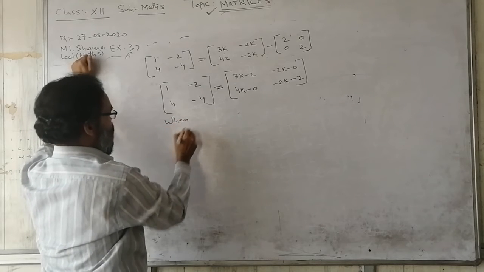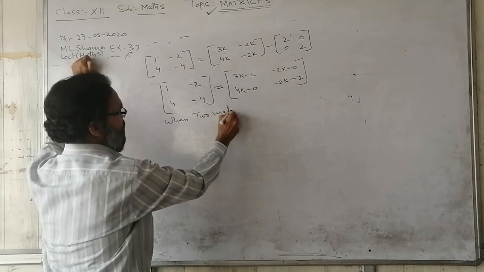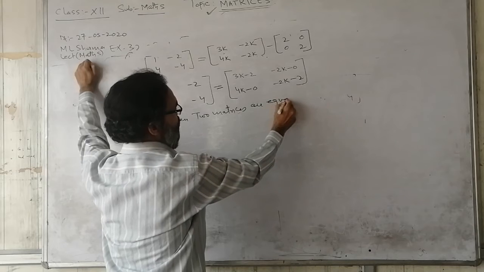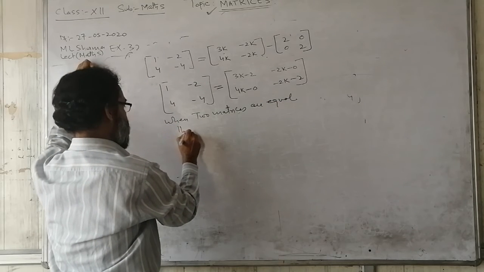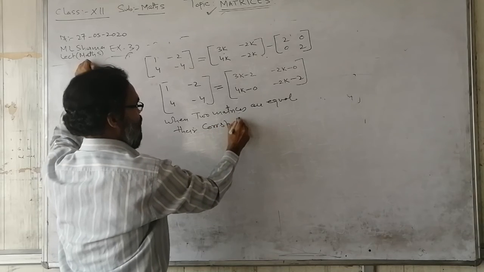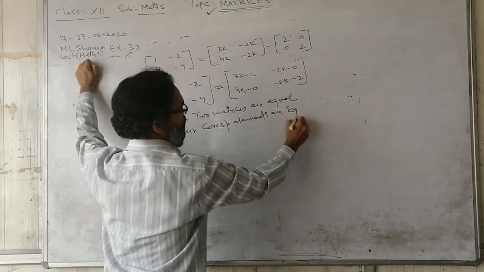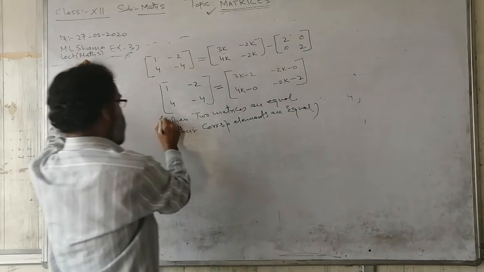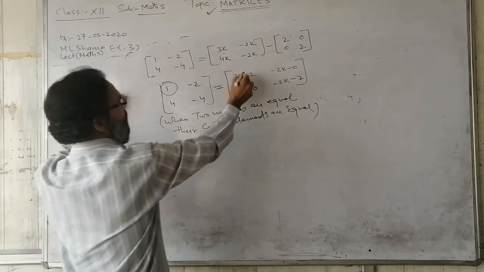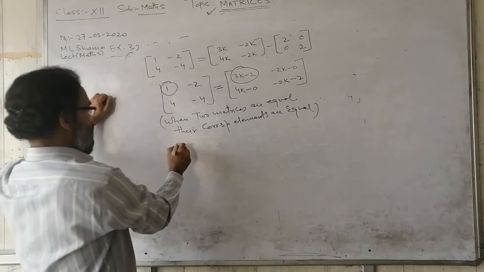So we have the property that when two matrices are equal, their corresponding elements are equal. Taking use of this property here, now this is 1, this is 3K minus 2. They are corresponding elements, so they will be equal.